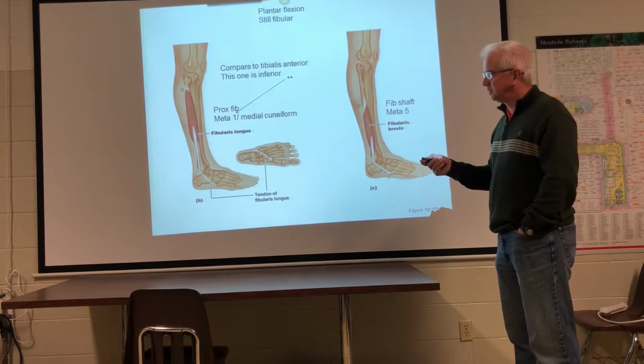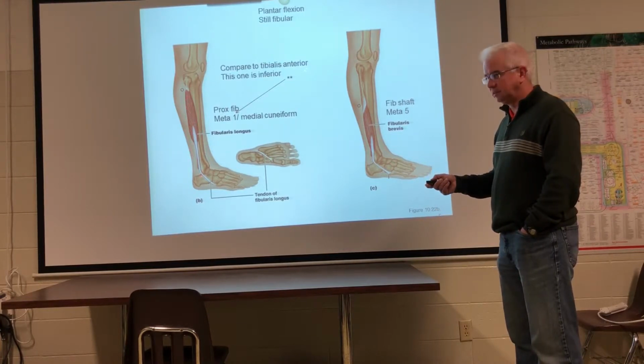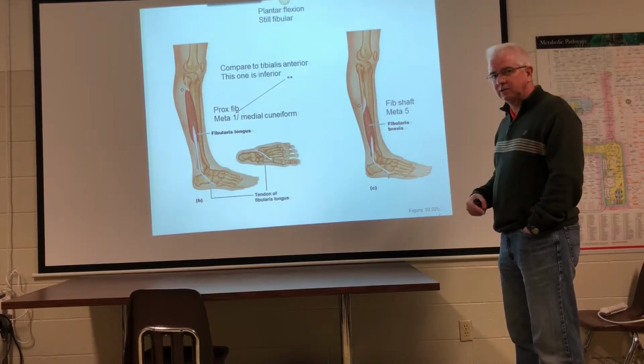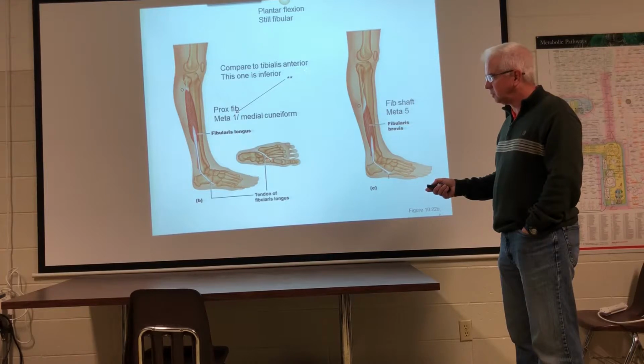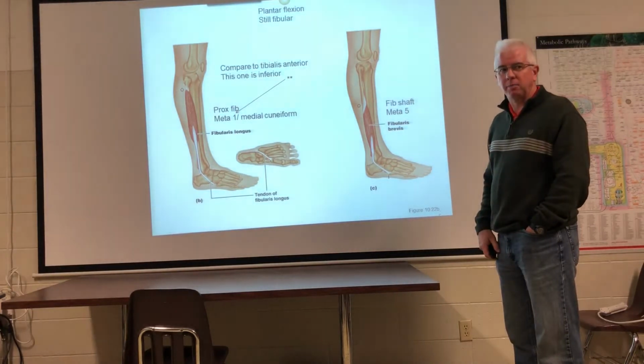The tendon of this muscle actually passes along the lateral border of the calcaneus and then ducts inferior to the cuboid to attach to the medial cuneiform and first metatarsal here, on the bottom of the foot.